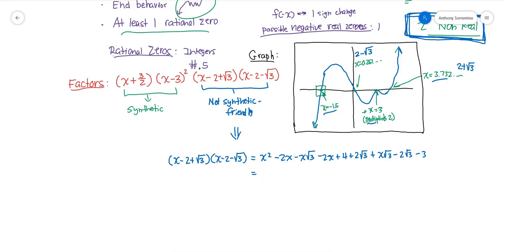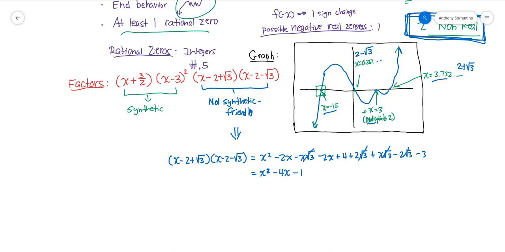When I combine some like terms, I have x squared, minus 2x minus another 2x is a minus 4x. The negative x square root 3 and the positive x square root 3 cancel. I have a plus 4 and a minus 3, that's a minus 1. The 2 square root 3 and the minus 2 square root 3 cancel. So I have this.